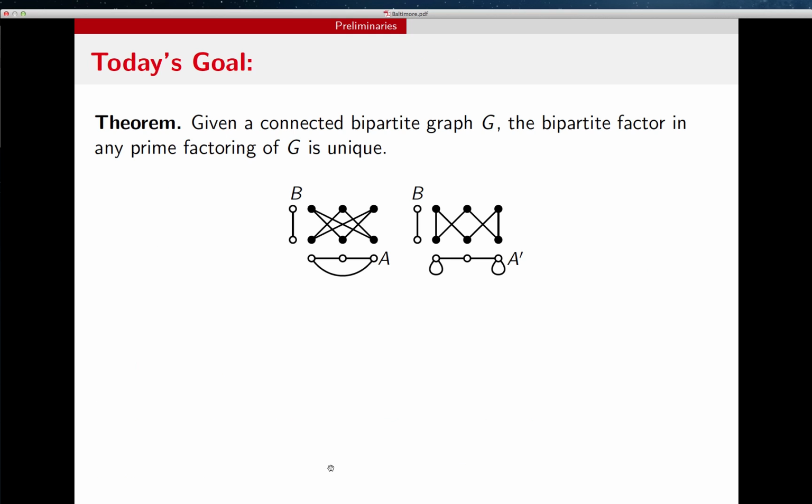Given a connected bipartite graph G, the bipartite factor in any prime factoring of G is unique. Here's a picture illustrating that. Bipartite factors that differ. So we'll be proving that no matter how you factor a connected bipartite graph over the direct product, you get the same bipartite factor.